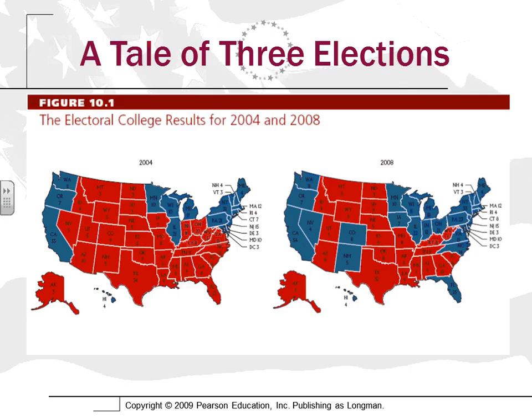And again, just showing you the polarization of politics. 2004, the chart on the left-hand side of your screen versus 2008. You can see Barack Obama having a substantial majority in the Electoral College. We're going to talk a little bit more about Obama's election in 2008 because a lot of people felt that this was a transformational election.